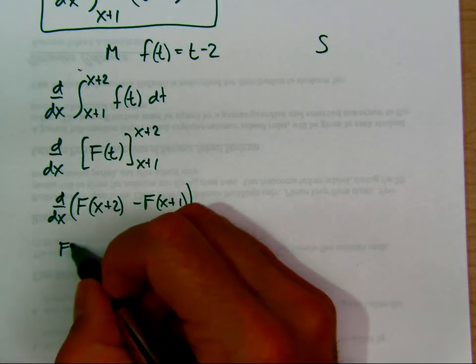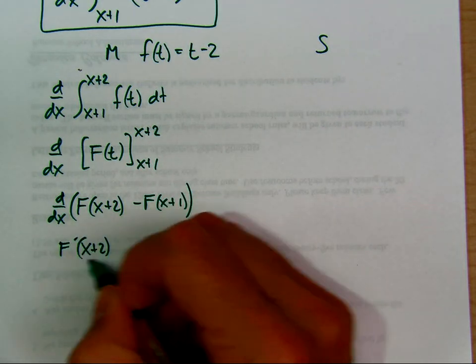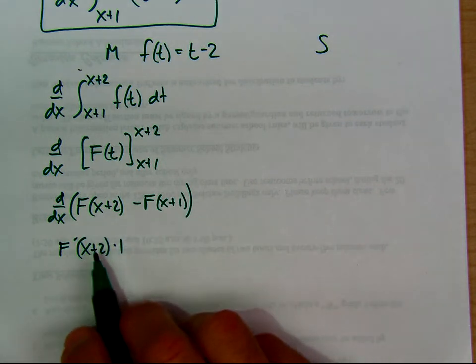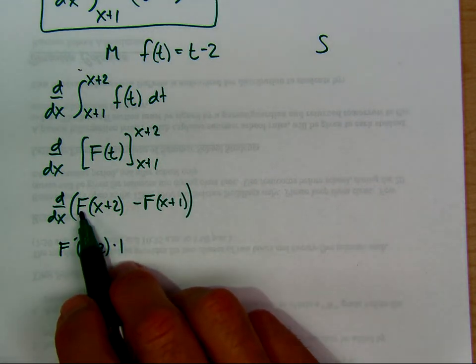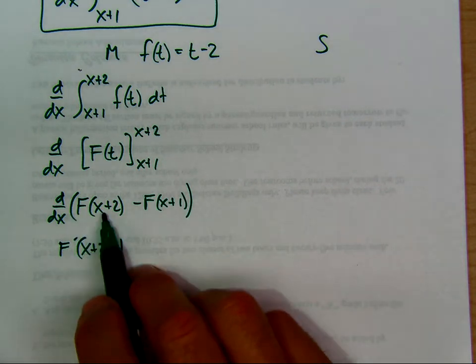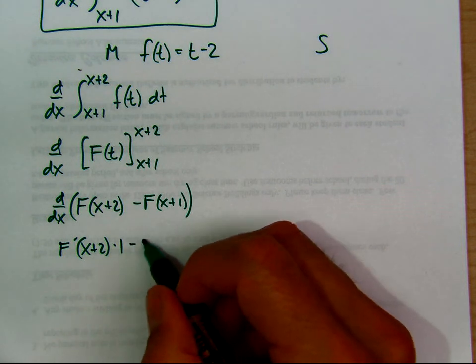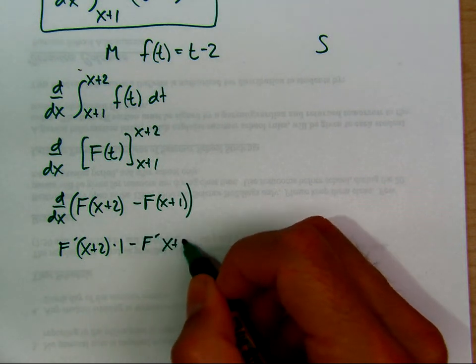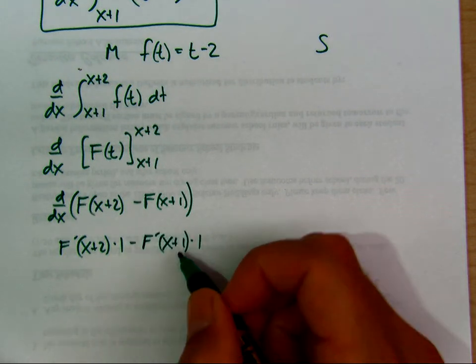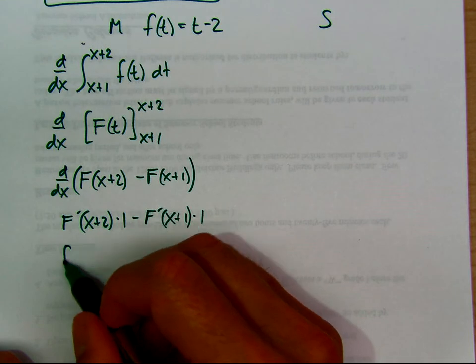So we do the derivative of the outside, leaving the inside the same, times the derivative of the inside. That's the chain rule. And you don't have to write the 1. This is now lowercase f.